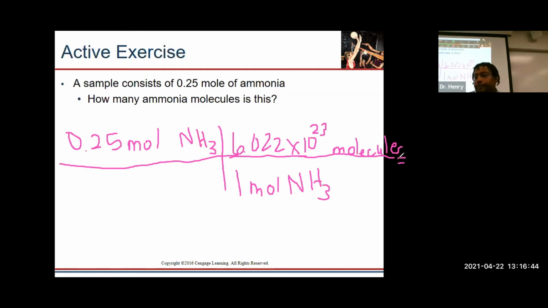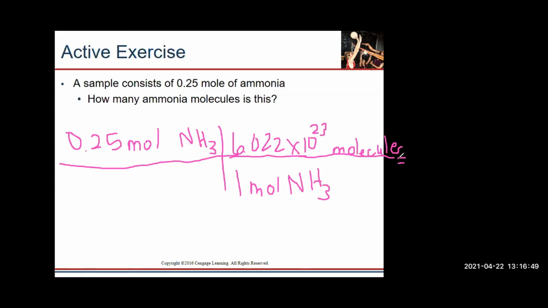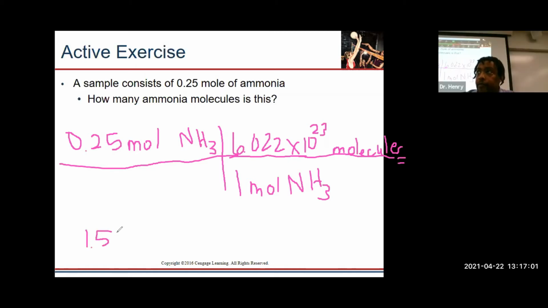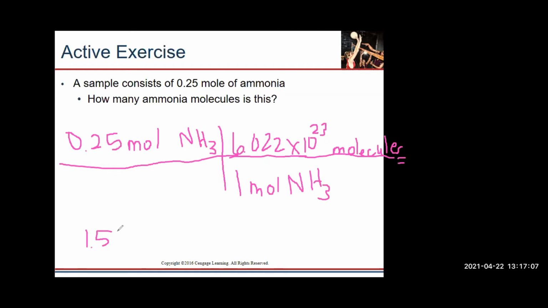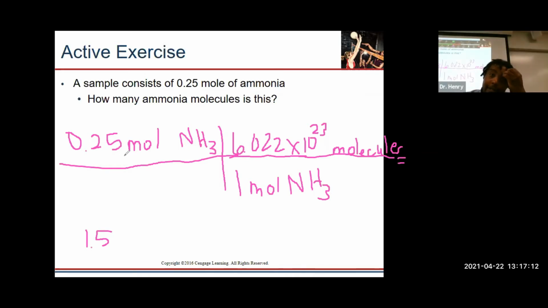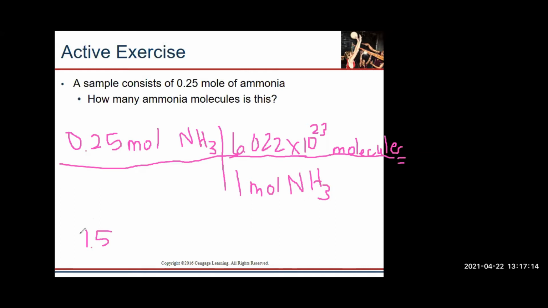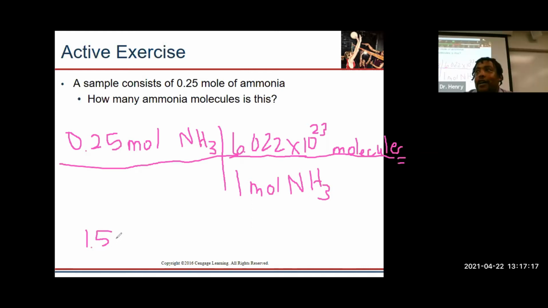So then that's going to equal, I got 1.5055 times 10 to the 23rd. How many sig figs should I have? It should have 3. So 1.51. Are you sure about that? Oh no, 2. My bad. So it's 1.5 times 10 to the 23rd power.